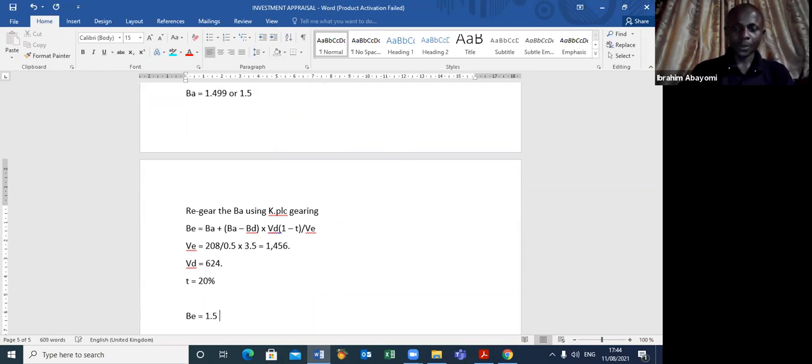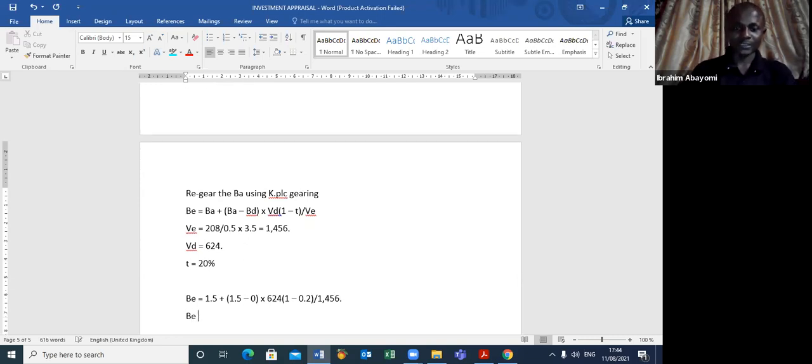So I now say beta of equity is equal to 1.5 plus 1.5 minus beta of debt, which is 0, times market value of debt, 624, into bracket 1 minus 0.2, all over 1456.